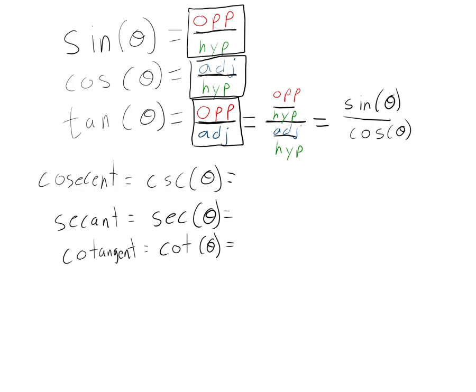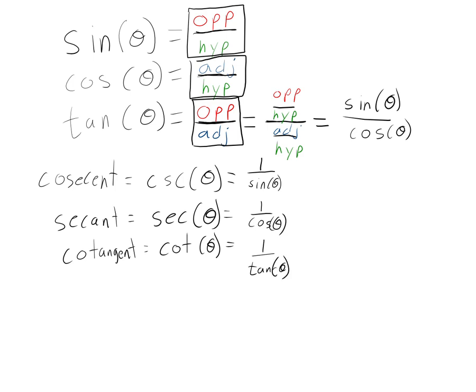Now, these are somewhat special in that we only have so many combinations of opposites, adjacents, and hypotenuses. They're actually reciprocal functions of these 3 base functions, as I like to call them.